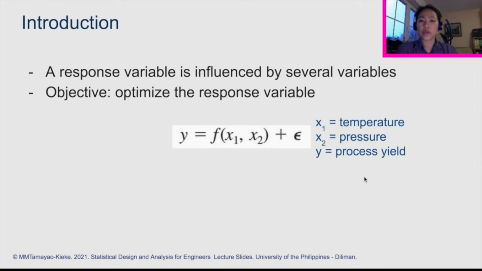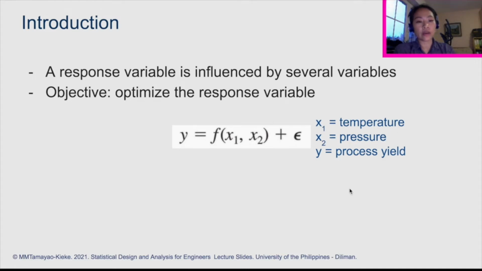Okay, so in RSM, we basically deal with a response variable that is known to be influenced by several variables. And the objective is to optimize the response variable. So say, for example, you're looking at the process yield, which is known to be influenced by temperature and pressure.